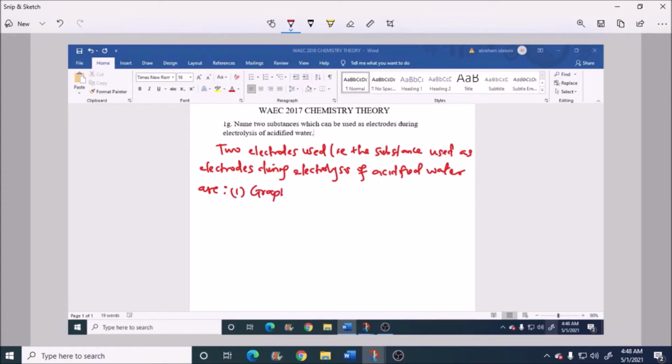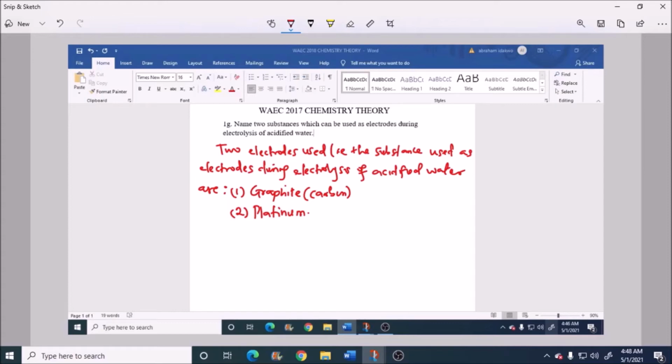Then don't forget that this graphite, as discussed above, is one of the allotropes of carbon. Then number two substance used is platinum. So platinum is one of the two substances used as the electrode in electrolysis of acidified water.